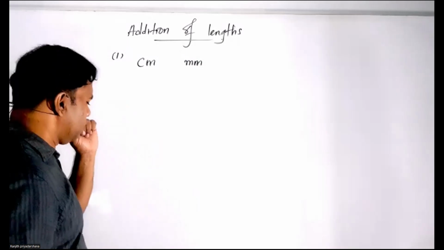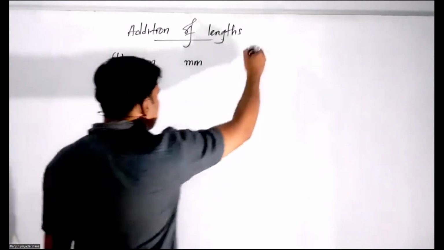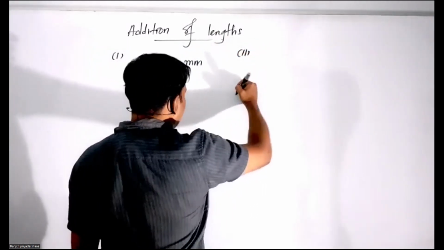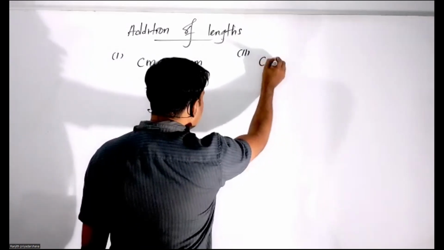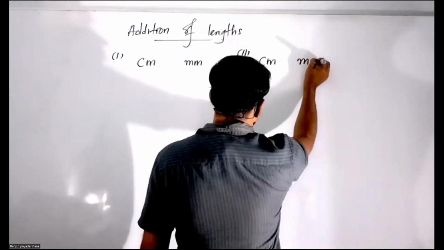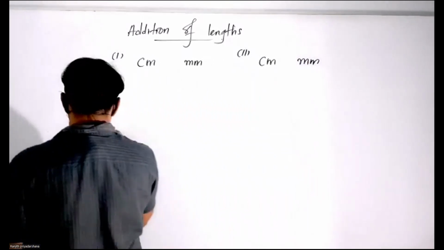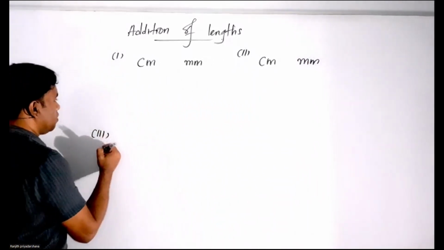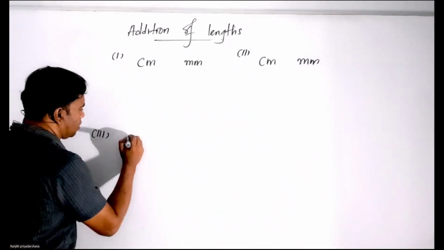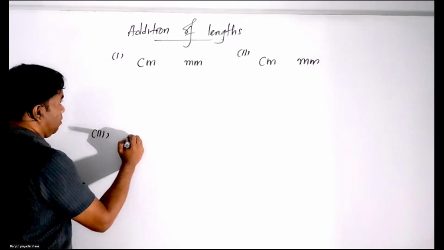This first example is centimeter and millimeter. Second example also I'm going to give you, centimeter and millimeter. Third example, I'm going to give you, decimal of that.